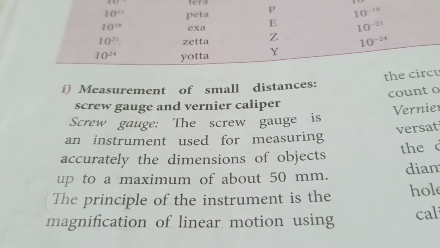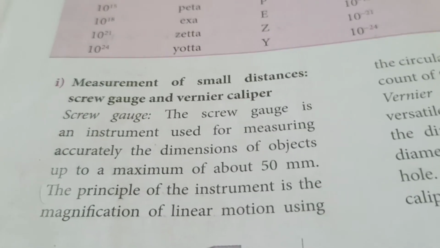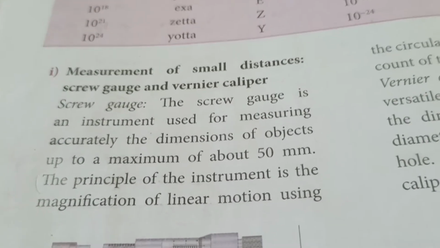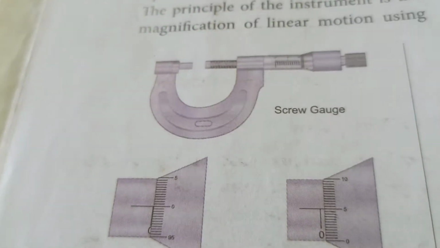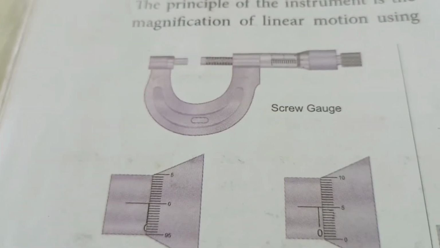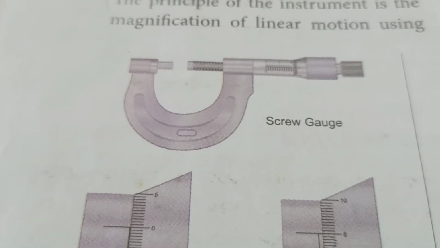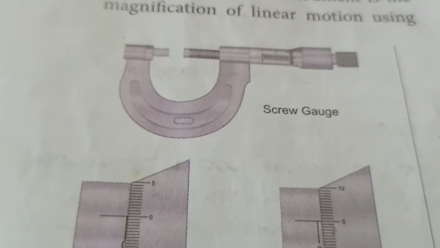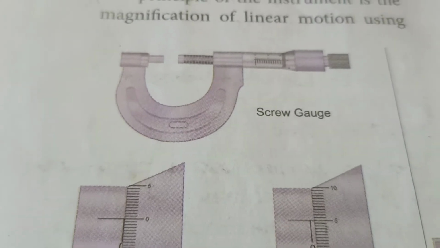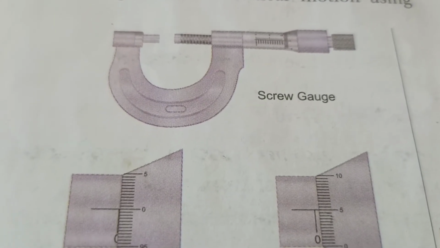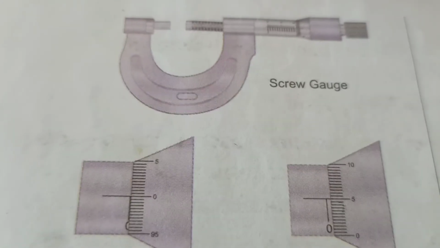Then the next topic is measurement of small distances: screw gauge and vernier caliper. First we discuss the screw gauge. This is a screw gauge. You studied it in lower classes, and we see it in the lab. This screw gauge is an instrument used for measuring accurately the dimensions of an object.